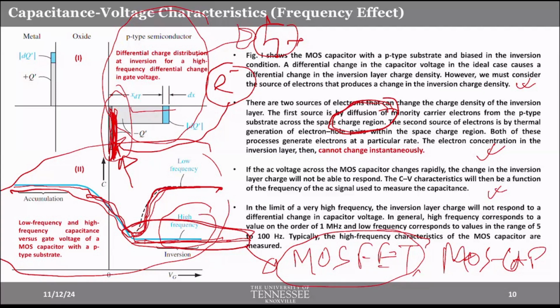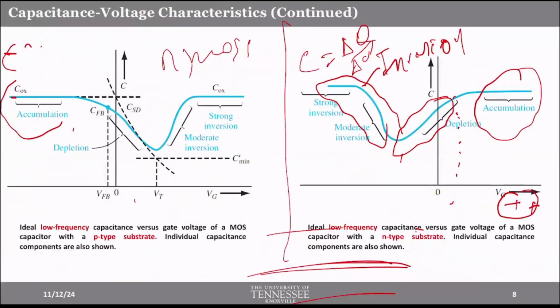A MOSFET can withstand a very high frequency, like hundreds of megahertz, maybe. Don't quote me on that, but something like that. But if we have a MOSCAP, then for high frequency we do not get this graph. Instead we get something like this.